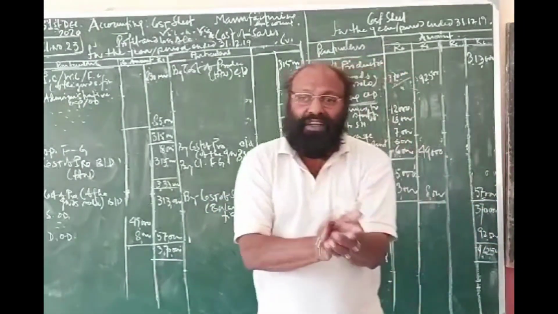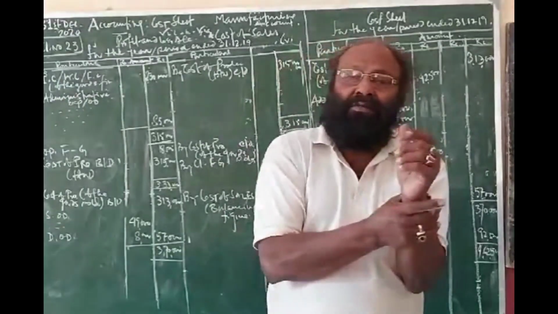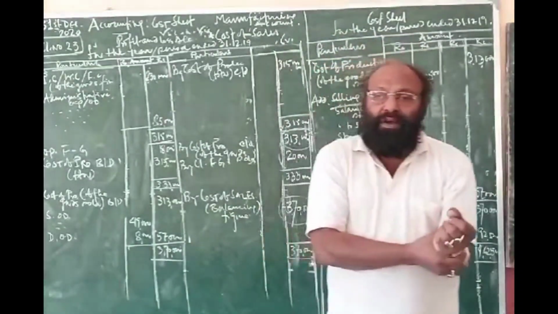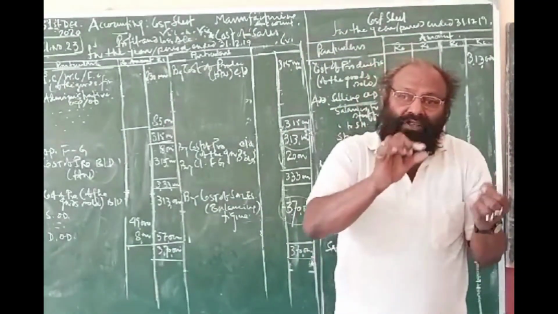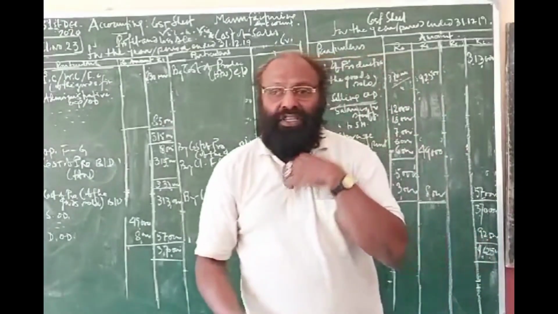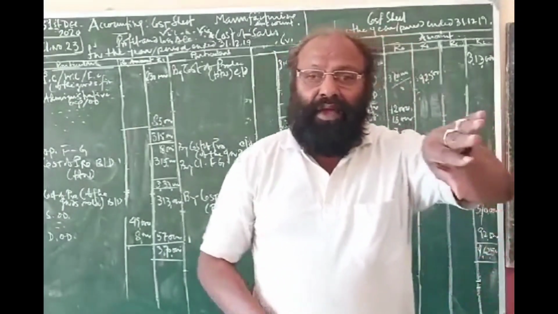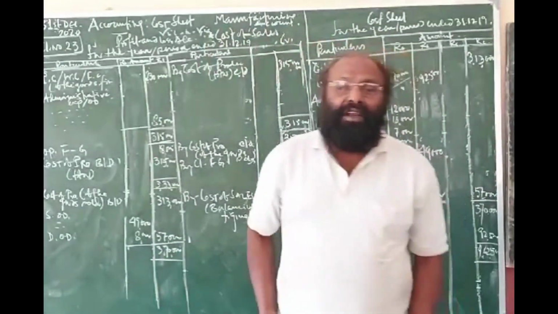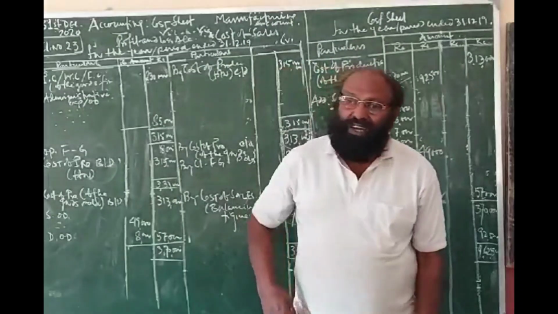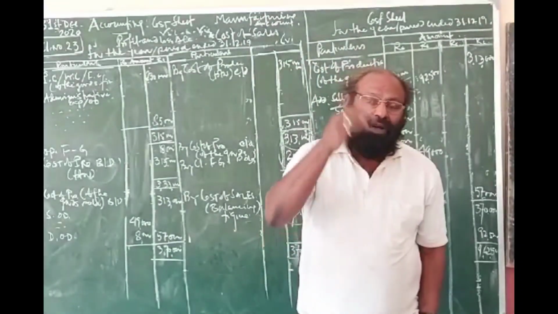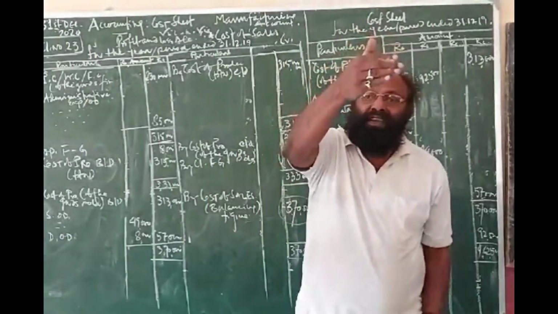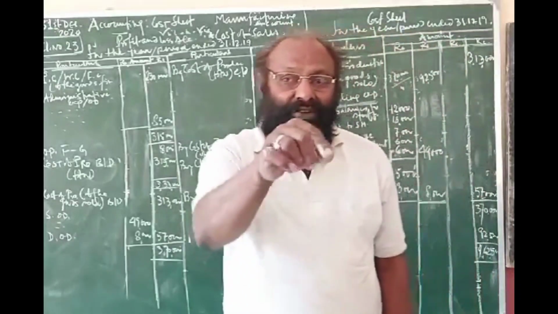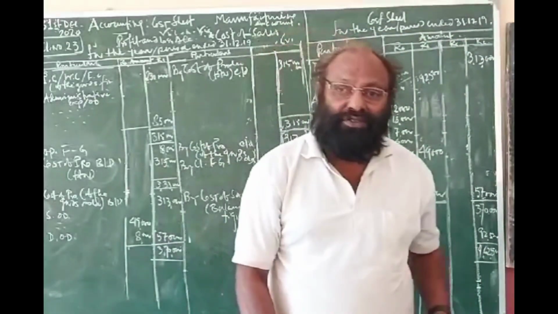So far as their treatment is concerned, the costs are divided. Some costs can be directly treated, and some costs cannot be directly treated because of their different implication. The costs which are identifiable, which can be directly treated in a particular unit of production, are known as direct costs or identifiable costs, and those which cannot be directly treated, which are temporary in nature and cannot be found out per unit very easily, are known as indirect costs or non-identifiable costs.